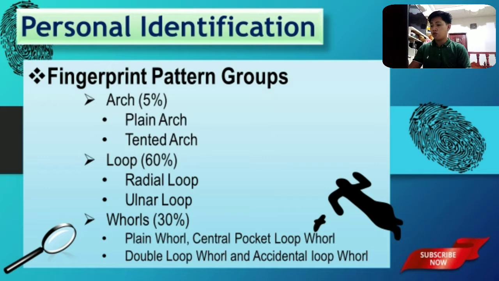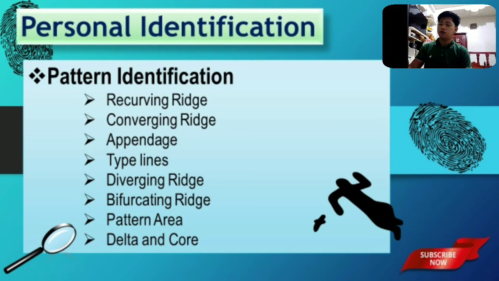With regards to the fingerprint characteristics, I already allowed you to draw some of these types of ridge characteristics. But not only those will we discuss; we are also going to talk about the patterns of identification.